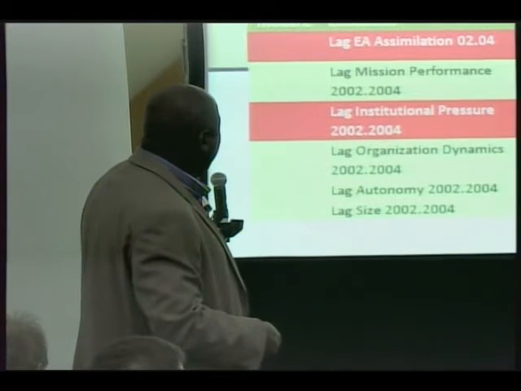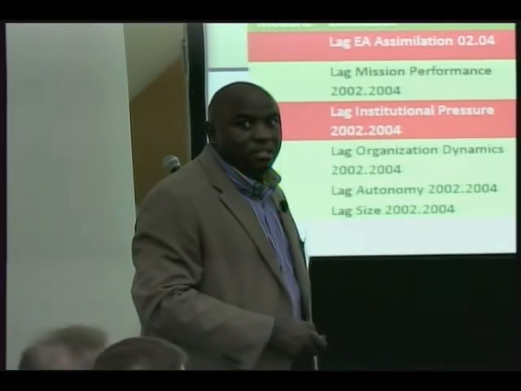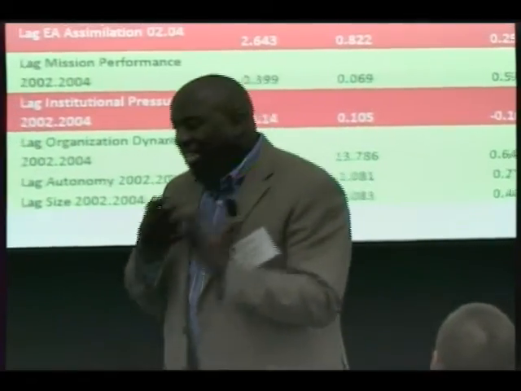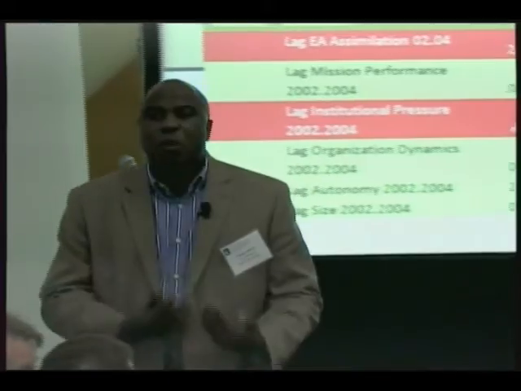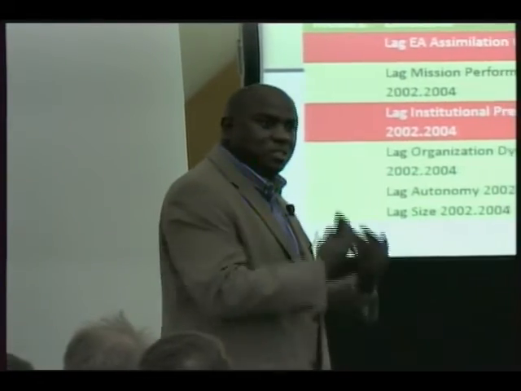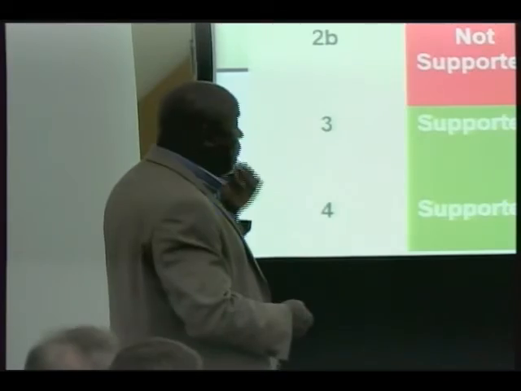Then, if you look at this, institutional pressure was also significant. Which means the data was starting to tell us, ladies and gentlemen, that yes, that investment was paying off. Now that we were regressing against past performance and past assimilation, we were starting to see that it was actually driving something.